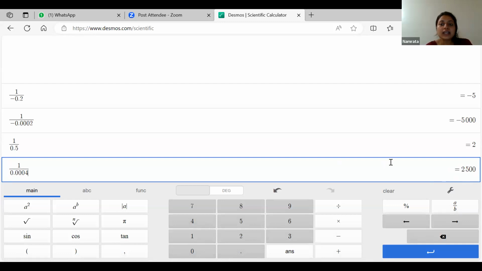So what exactly I want to show you is that in the denominator, when you take any number between -1 to +1, your output is coming outside. If you take a positive number, your output is getting bigger and bigger than 1, right?